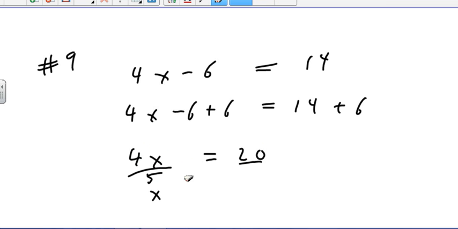I'm going to divide both sides by 4. And x is equal to 5. Again, I go back to my calculator, second function, numeric solve, and I have 4 times x minus 6, and on the other side of the equation, I have a 14. I ask it to solve the problem. Wow, 5. Smart calculator.